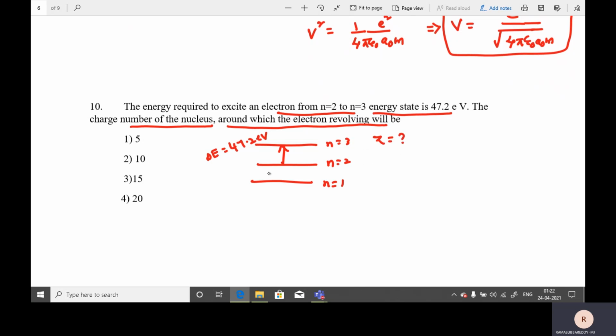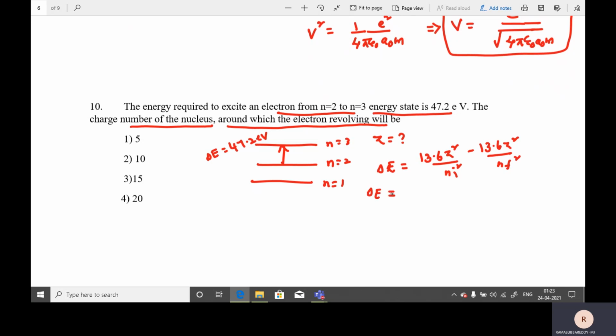And we know the relation for delta E, we discussed first 13.6 Z square by n square, but here it is 13.6 Z square by ni square minus 13.6 Z square by nf square.